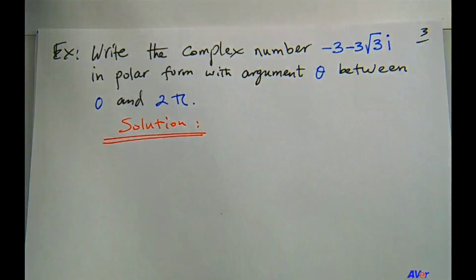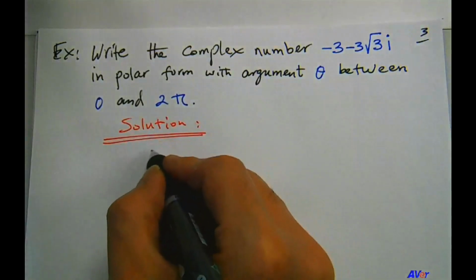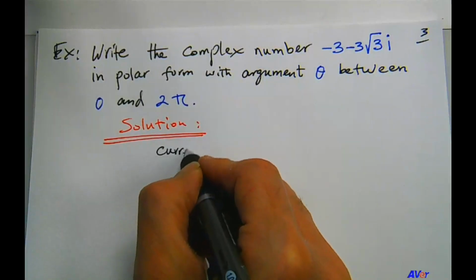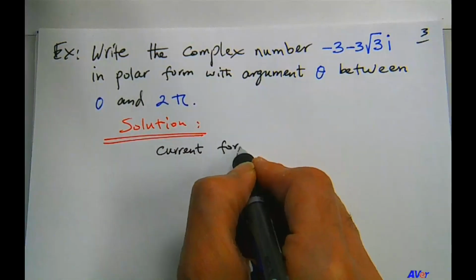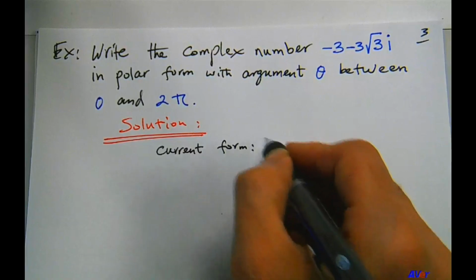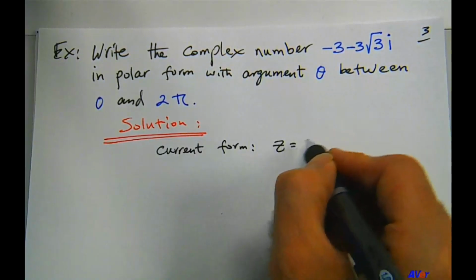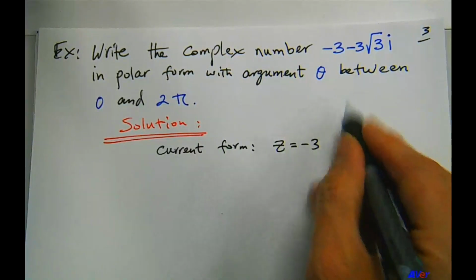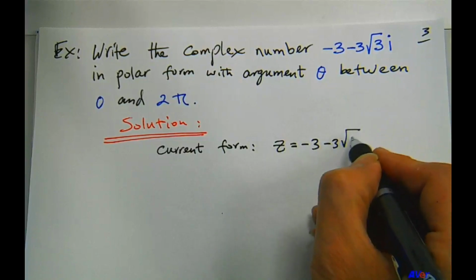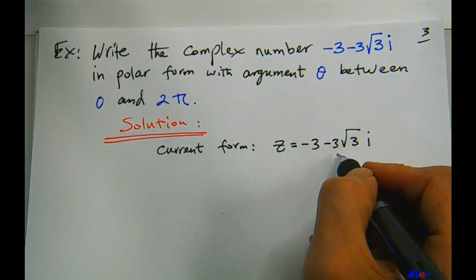We know the current form is z equals minus 3 square root of 3i.